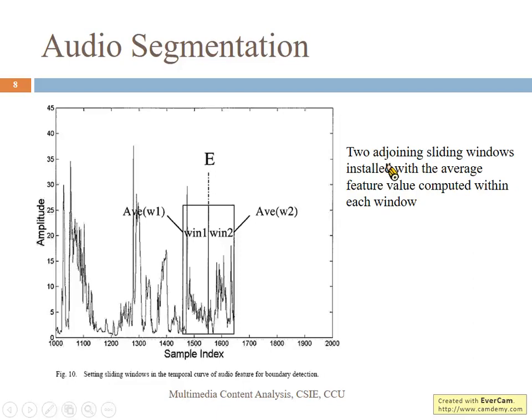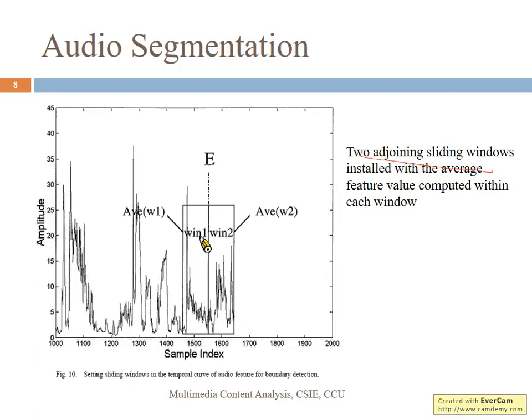Based on the extracted audio features, the first step is to segment the given audio signal into appropriate audio segments. The method here is to apply two adjoint sliding windows. You can see that this is a big sliding window, but we divide it into 2 parts.